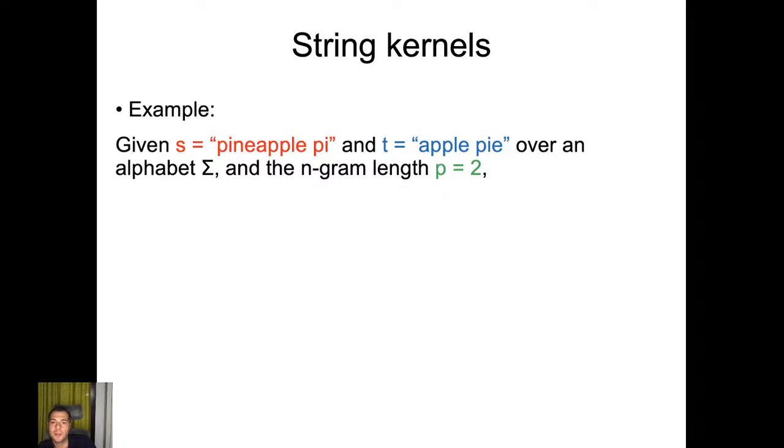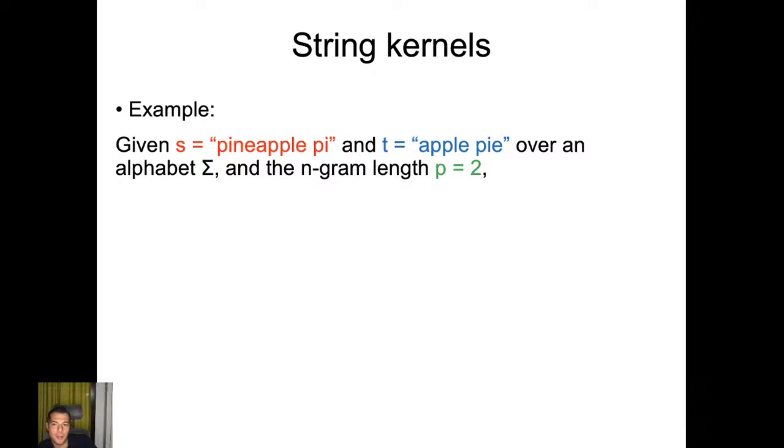Okay, so here is one example, where we have some strings s and t. These are just two simple words to give you an idea about how to compute the similarity between these two strings. But in general, s and t can be entire documents or sentences or whatever we want to classify.